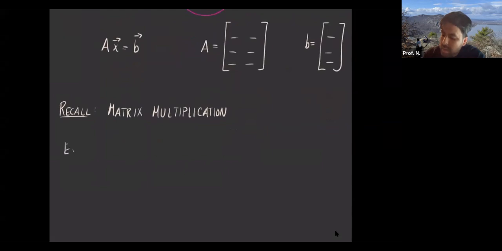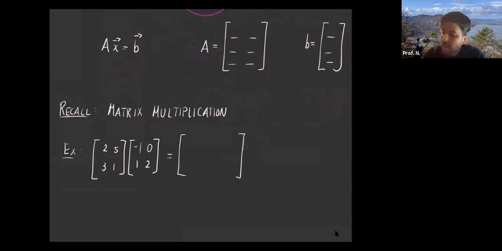Like an example: if I have the matrix [2, 5; 3, 1] and I multiply this by [-1, 0; 1, 2], how do I get my product? Does anybody remember the rule behind matrix multiplication?